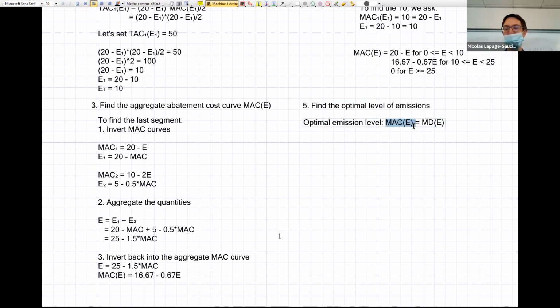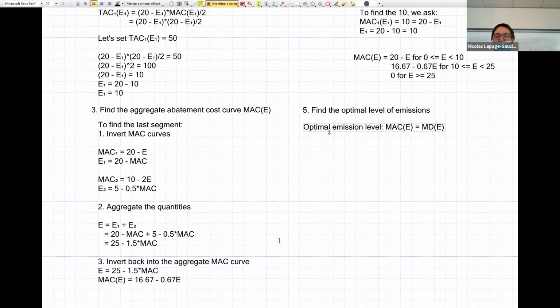Usually for MAC you have a nice, clean, normal-looking formula, and for MD too, but here it just looks like a mess. And of course, the challenge is to know what to do with that. Before last year, I had a difficult way of doing it. But last year, a smart student suggested a very neat way of doing it, and I'm going to convey it to you.